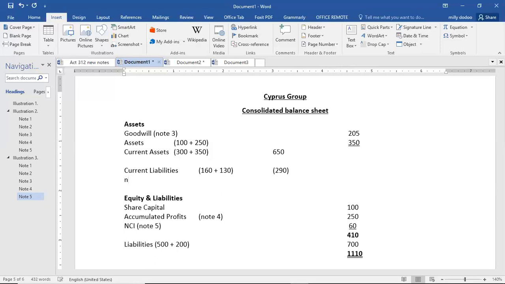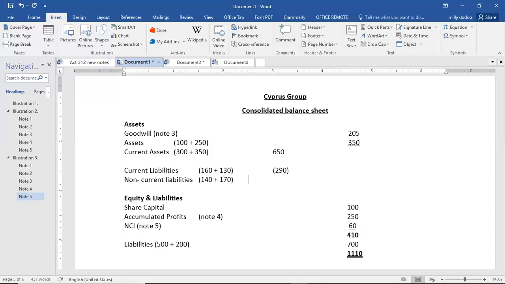Then you have non-current liabilities. So non-current liabilities, you are having 140 plus 170. So non-current liabilities will be 140 plus 170.